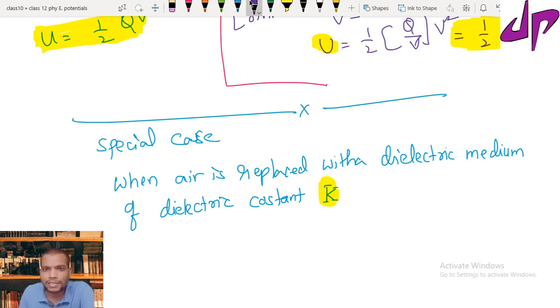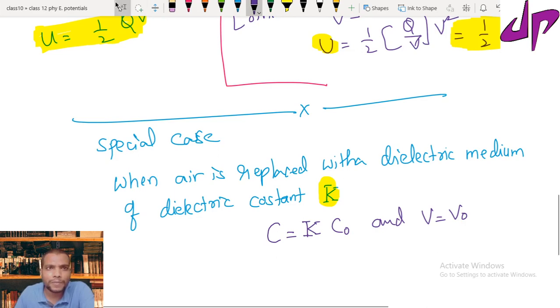The change is only in the capacitance. The capacitance of a capacitor with dielectric becomes K times the capacitance of a capacitor without dielectric, and the potential V becomes V naught. Here C is the capacitance of a capacitor with dielectric, and C naught is the capacitance without dielectric.